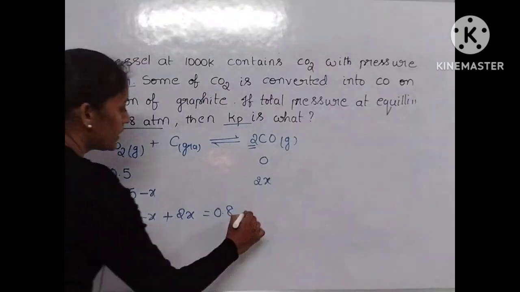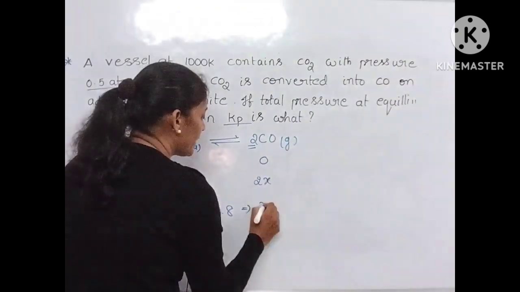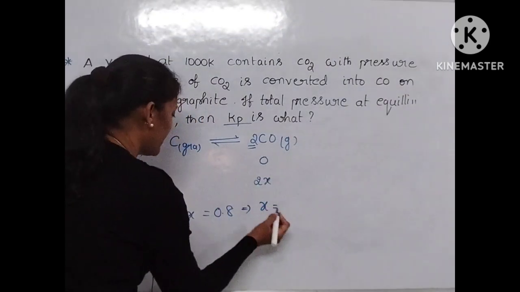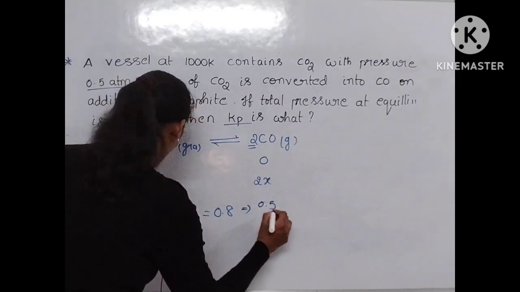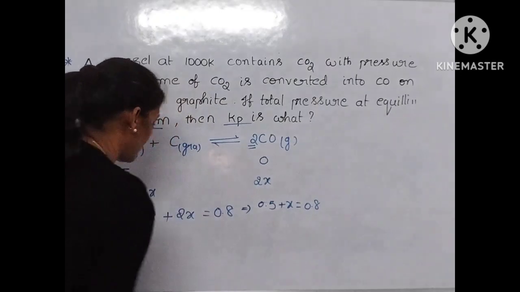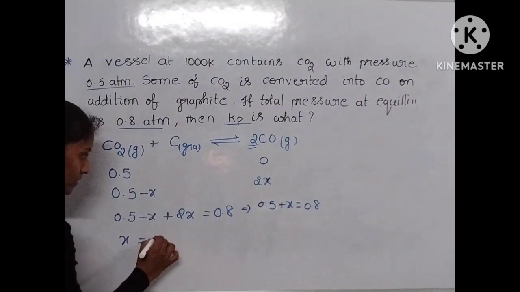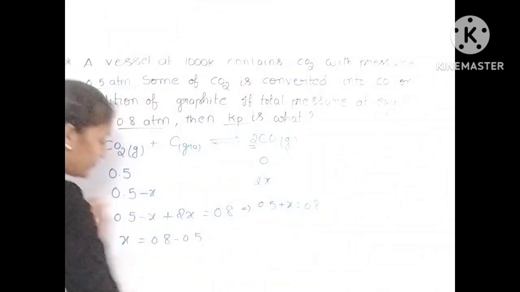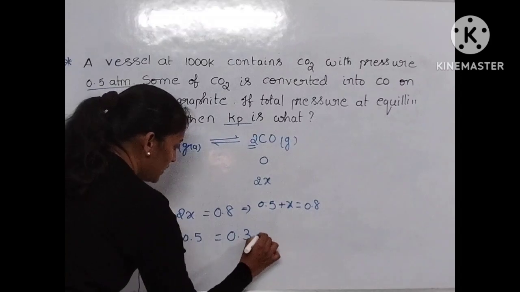Okay, so by solving this equation, 0.5 plus x equal to 0.8 you will get. So then you will get the x value equal to 0.8 minus 0.5, so this would become 0.3 atm.